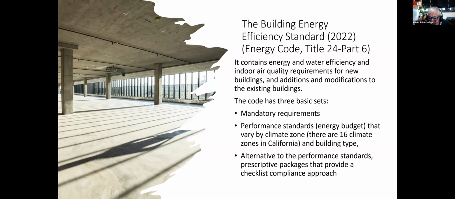As an alternative to the performance standard, a prescriptive package provides a checklist compliance approach. If you Google Title 24 Part 6, it's a huge document. Builders go through this to meet the mandatory requirements, and then any additional requirements give them credit for the building performance.